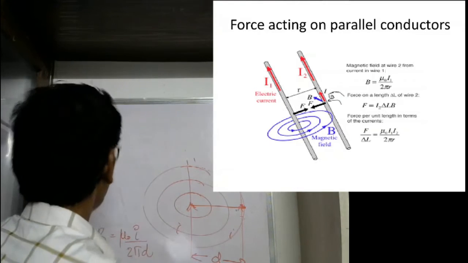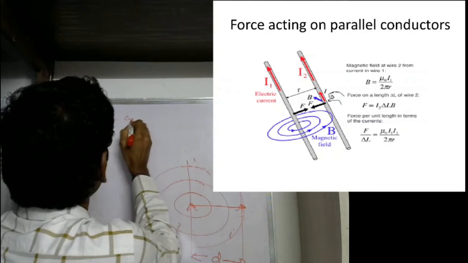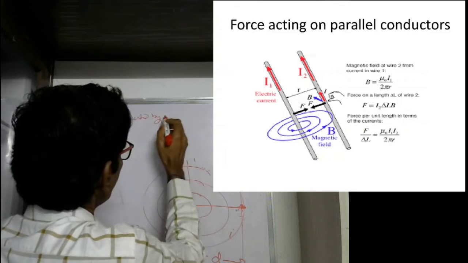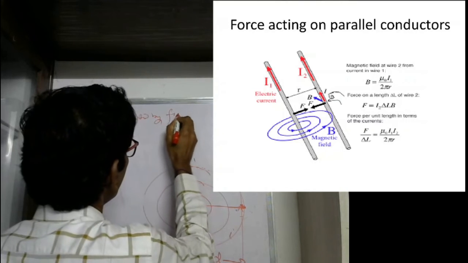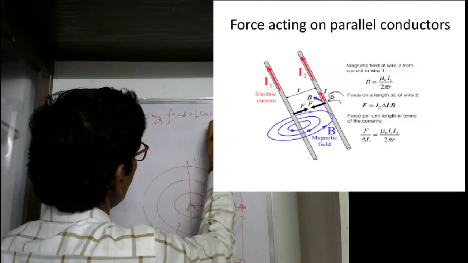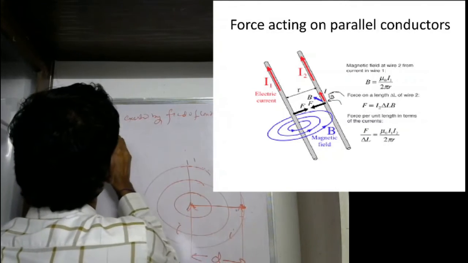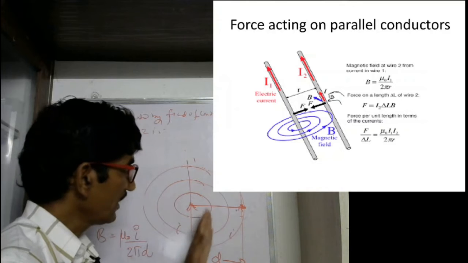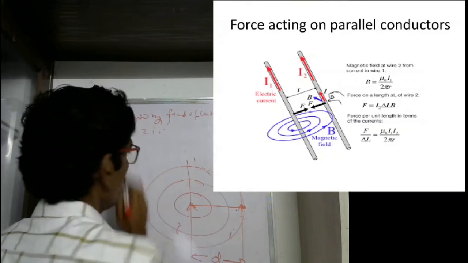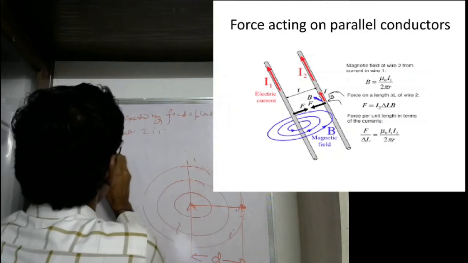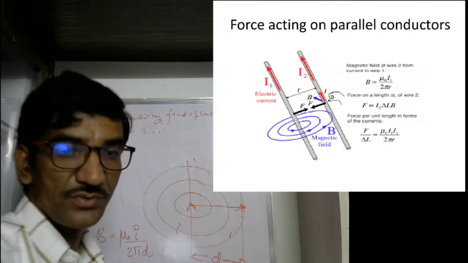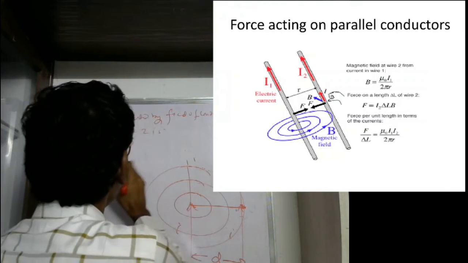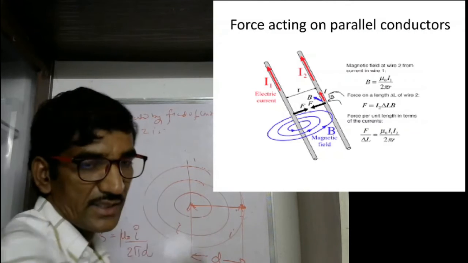The force exerted by the field of conductor 1 on conductor 2, the field of 1 is here at 2.